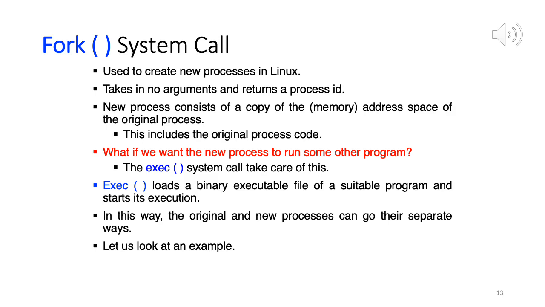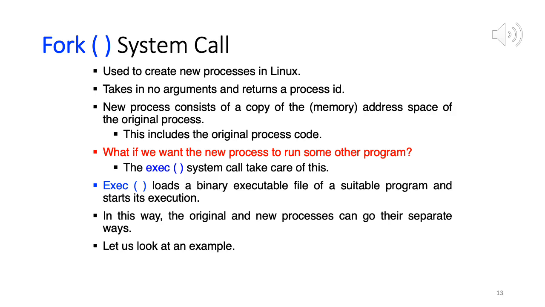So using the system call, you can create a new process in Linux. So this is a fork function. It takes in no arguments, right? So no arguments are provided, and what it returns is it returns a process ID. Okay. So if it executes correctly, it will result in the creation of a new process, and the system will allocate a process ID to it.